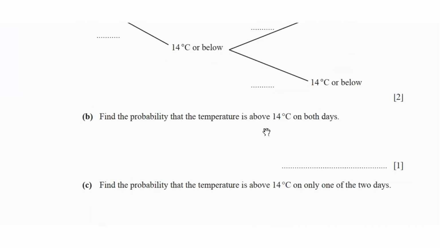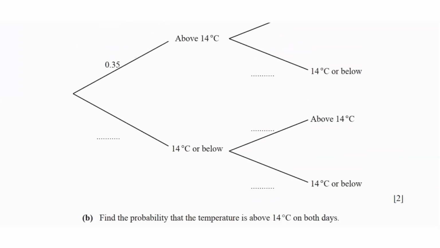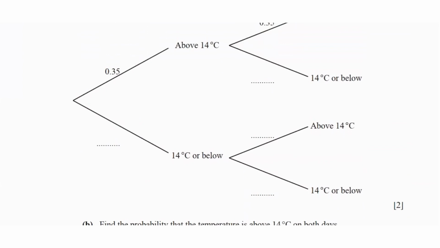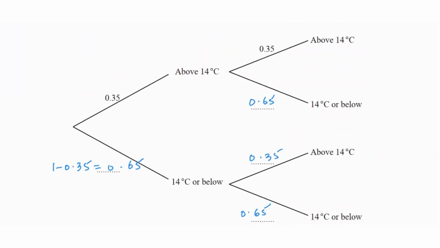Find the probability that the temperature is above 14 degrees Celsius on both days. So on both days, that's basically going to be this and this. So that's 0.35 times 0.35, which is 0.1225.